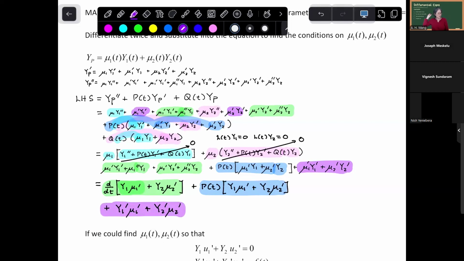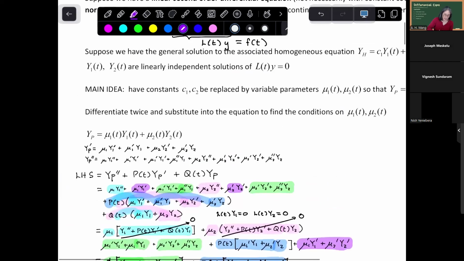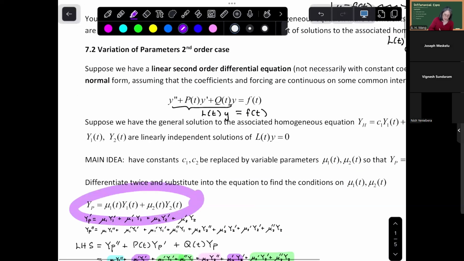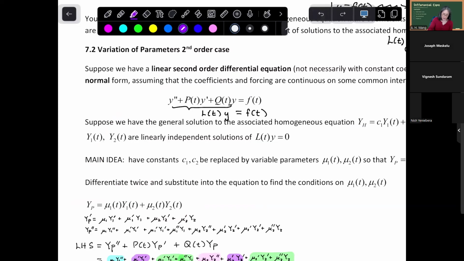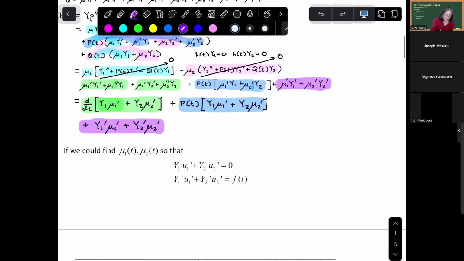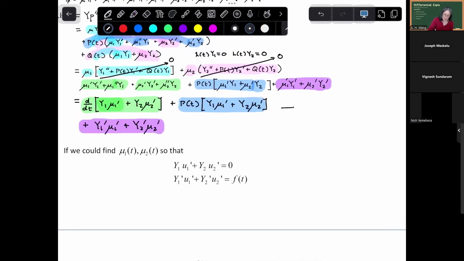All right. So looking at it this way, remember, we're taking this whole thing and plugging it in here, right? And what we want is a particular solution. So we want the left-hand side to equal the right-hand side after we plug it in. All I did was clean it up.